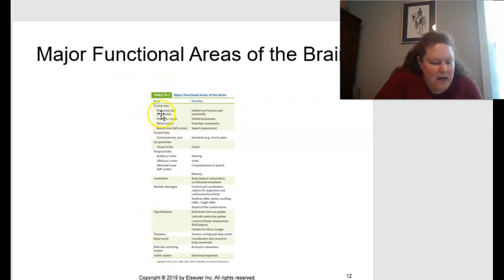It breaks it down to the frontal lobe, the parietal lobe, the occipital lobe, the temporal lobe, the cerebellum, the medulla oblongata, the hypothalamus, the thalamus, the basal nuclei, the reticular activating system, as well as down at the bottom, your limbic system, which controls your emotional responses. This is a really good summary, and it would be great to take each of them and put it into a flashcard.